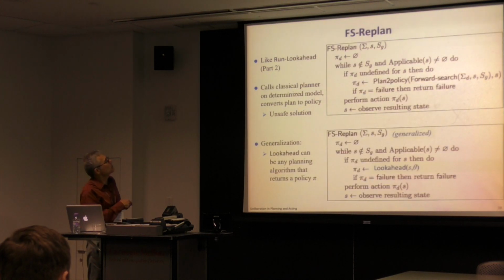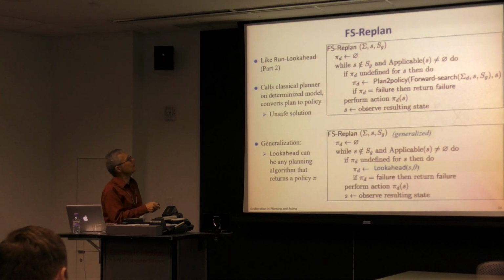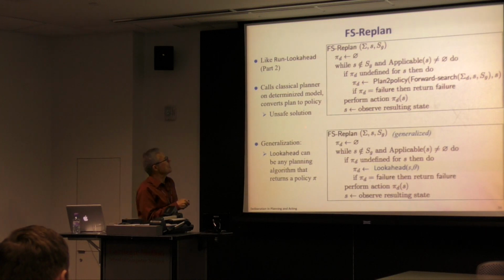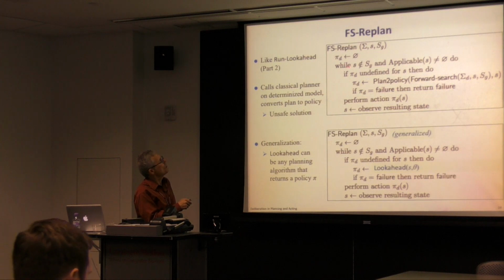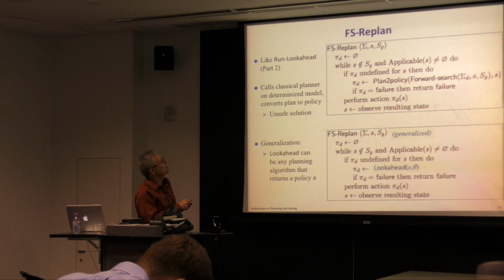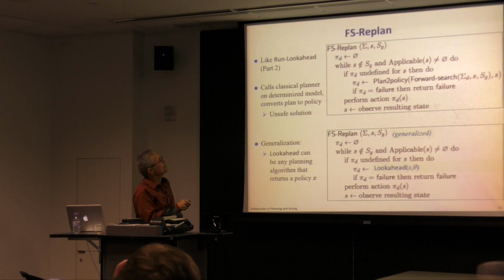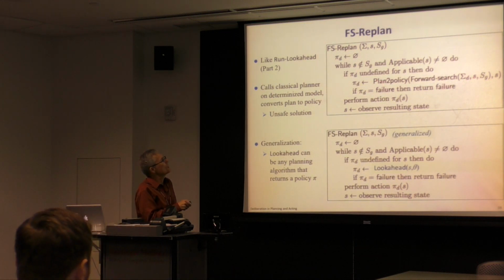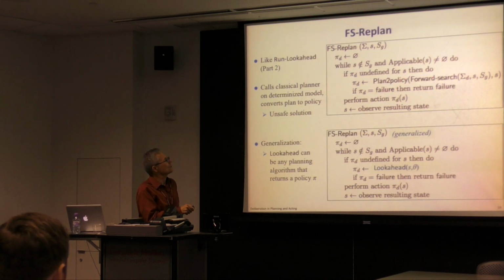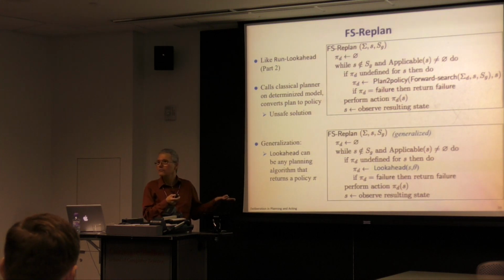Here is FS replan. This is like run look ahead. It calls the classical planner on a determinized model, converts that plan to a policy, and this is an unsafe solution. So it determinizes the domain, calls the forward search algorithm, converts that to a policy that's unsafe, but it's going to execute it anyway as far as it can.